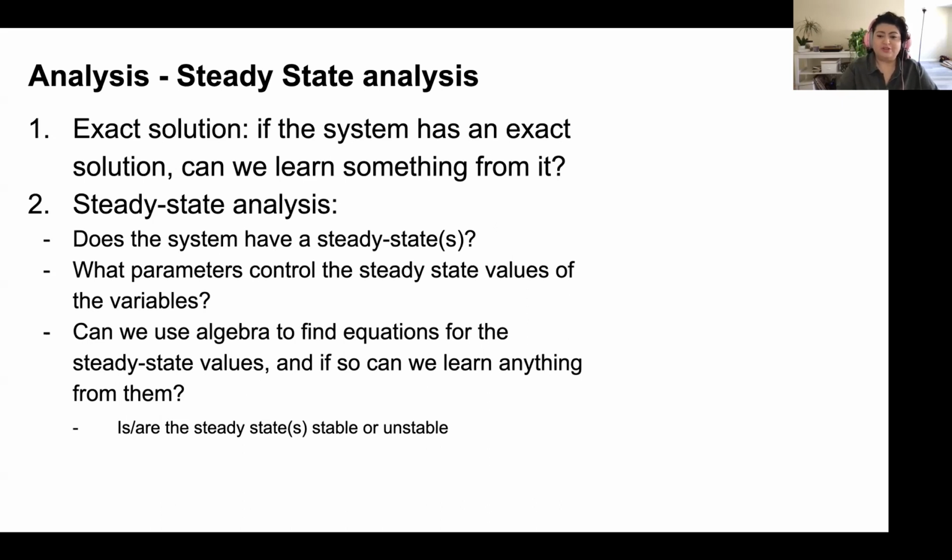What parameters are controlling the steady state? And of course, can we use algebra to find actual exact equations for these steady state values? And if so, can we learn something from them, such as stability?